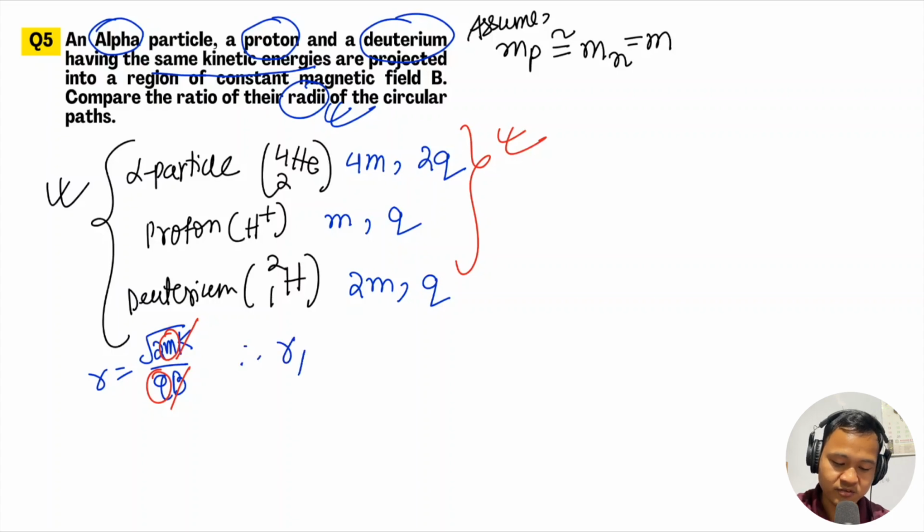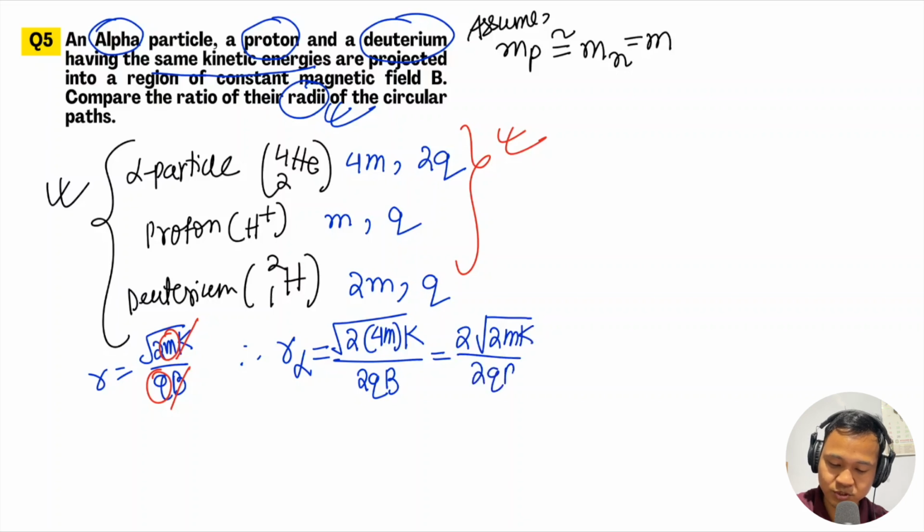For the alpha particle, R equals root over 2 into 4m into K divided by 2q into B. The 4 and the 2 cancel out, so root over 2mK divided by qB.